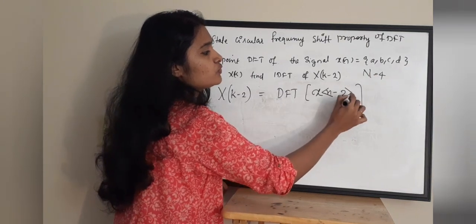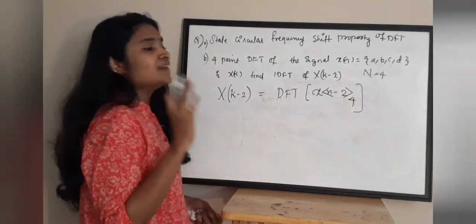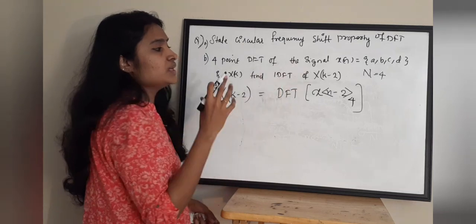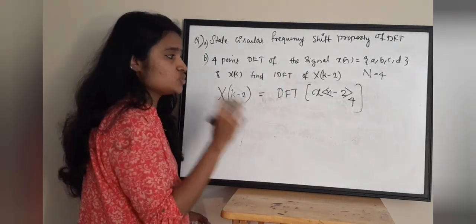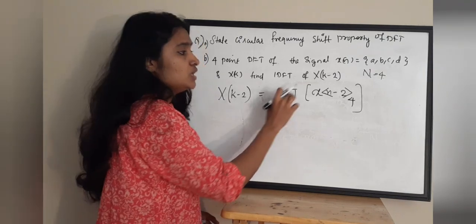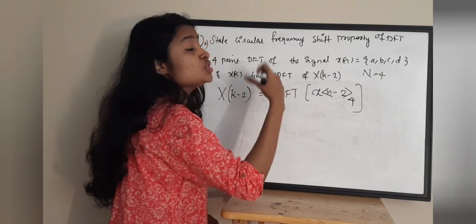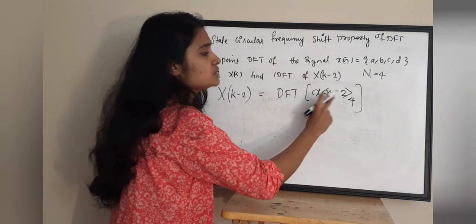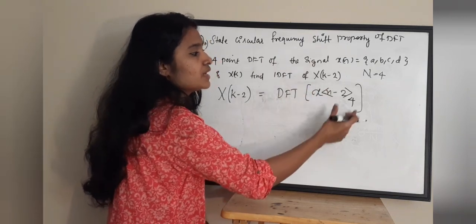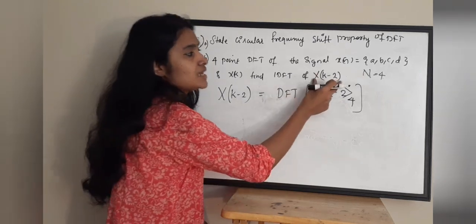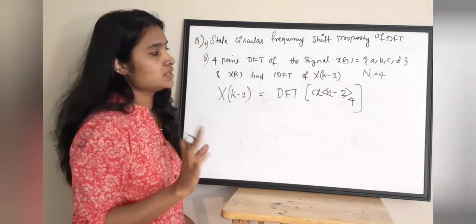So from this question, we can infer that X of k minus 2 is actually the DFT of your input signal's shifted version. That is, if the input signal is shifted by 2 points towards the right, then we get this X of k minus 2. I hope it is clear.